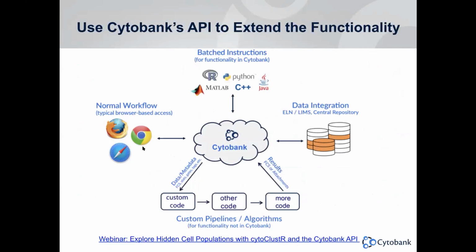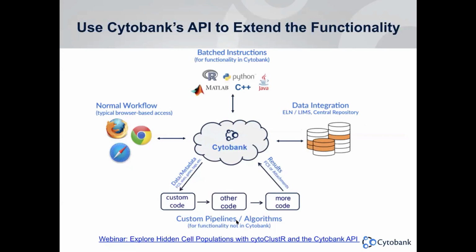For most people, we're using a normal workflow where you access the data or analysis with a web browser. But many other people can actually do a lot more with their data, where you can exchange information between the electronic lab notebook, LIMS system, or any other central repository, and Cytobank.